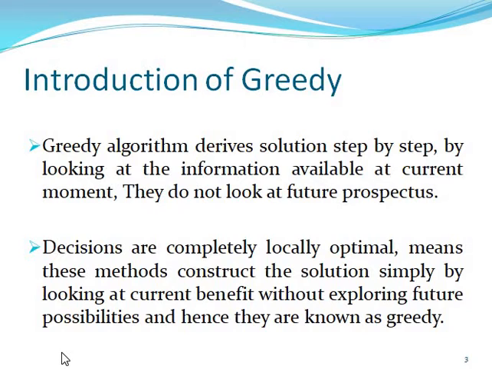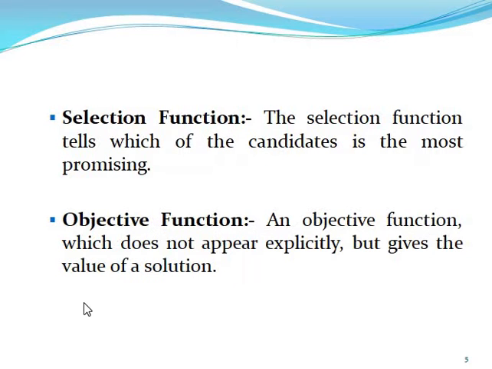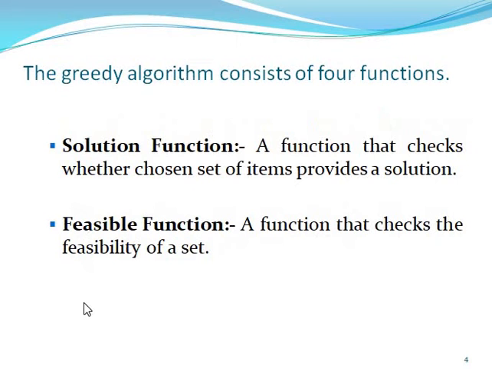So when you design a greedy algorithm, it mostly uses the current situation at any moment, not the future perspective. Then we saw the functions of the greedy algorithm: the solution function, then the feasible function, then the selection function and the objective function. So these are the four functions of the greedy algorithm.